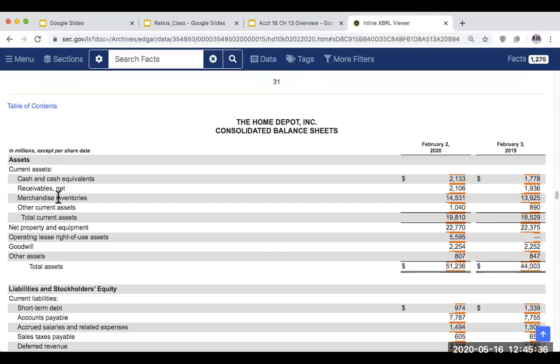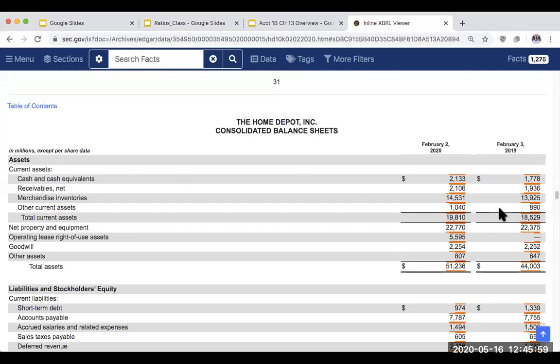I wouldn't want you just to say, okay, I'm just going to choose inventory, or I'm just going to choose receivables. The answer is, when I'm analyzing a company and I'm given a choice, say, Bennett, what is the best ratio to use for analyzing receivables or for inventories for Home Depot?